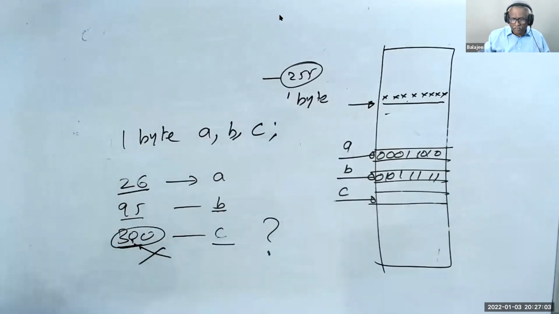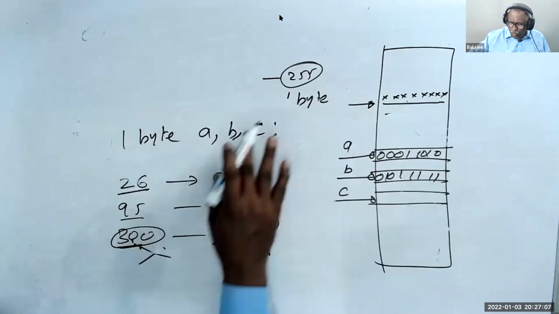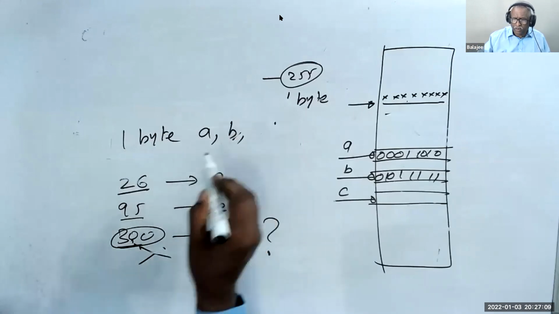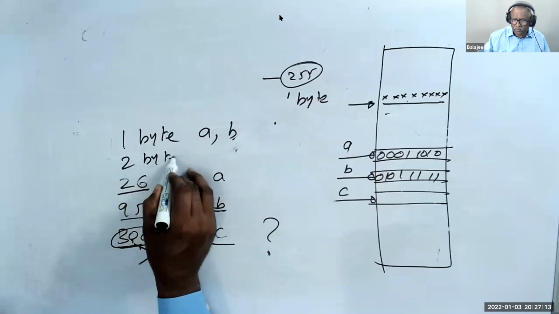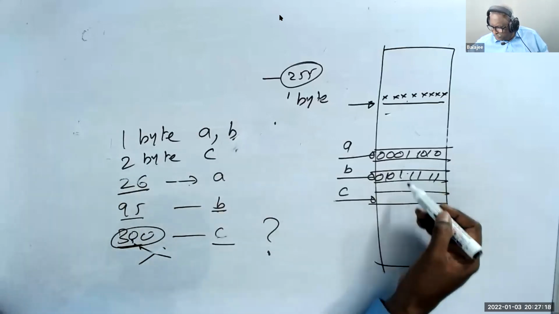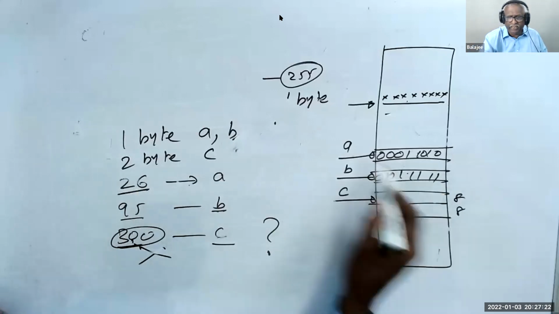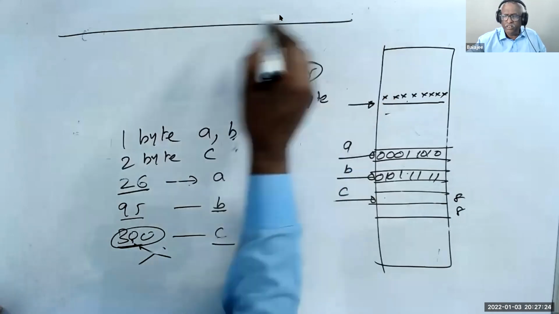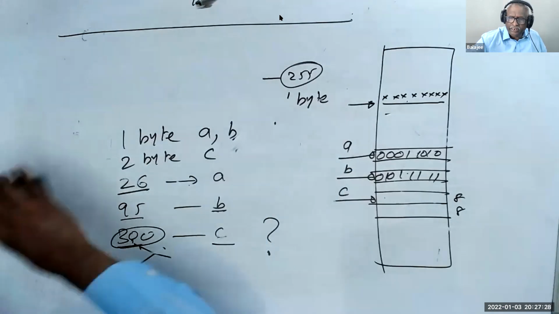But if you wanted to store 300, then you remove C from here and say 2 byte. When you say 2 byte, it will combine 2 bytes for C, not only 1. That means 8 plus 8, he gets 16 bits.